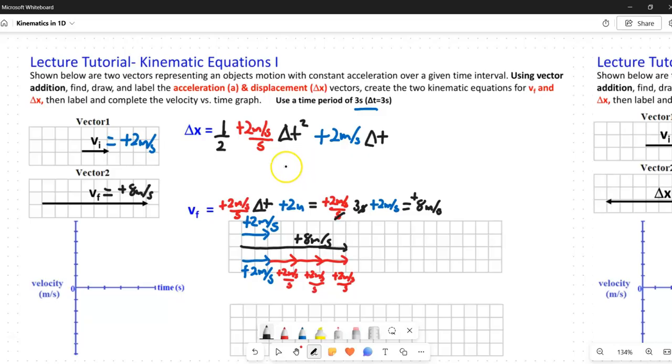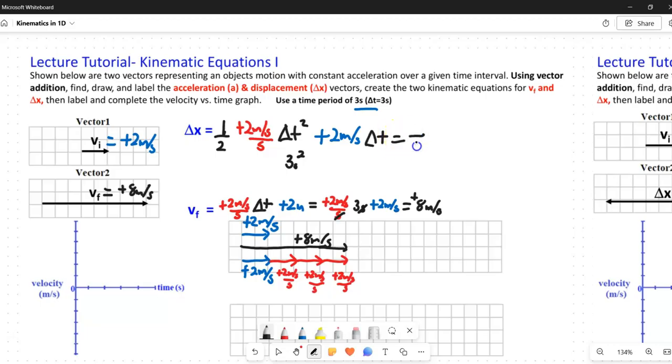So let's figure out our total displacement over this entire trip. So if this is going to be 3 seconds that we're going to square, that is right. So that's going to be 9. 9 times 2 divided by 2, so that's just 9.